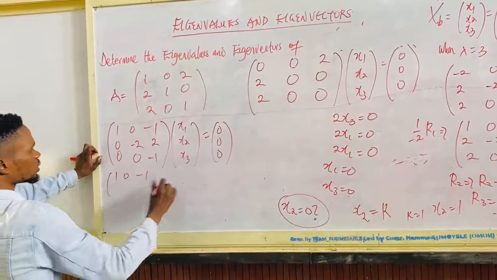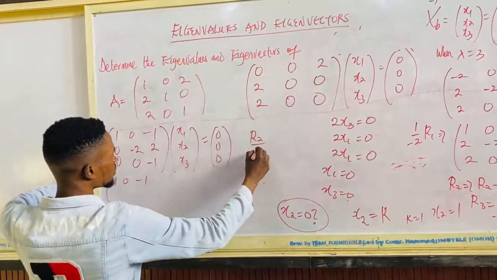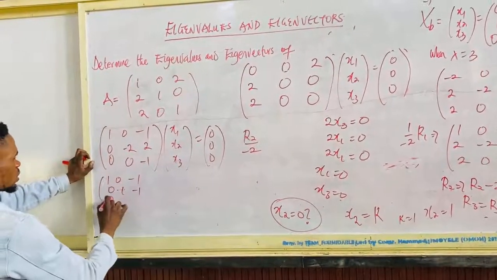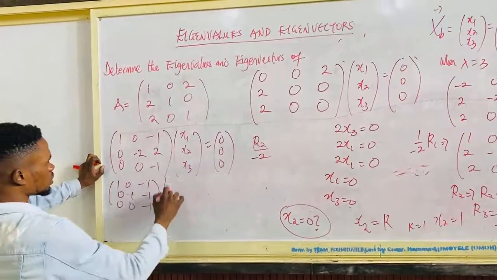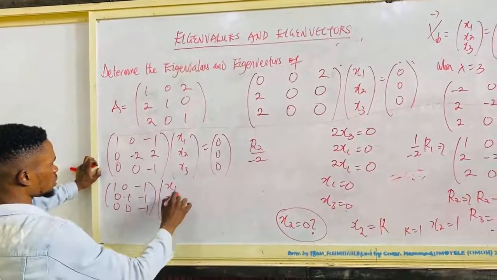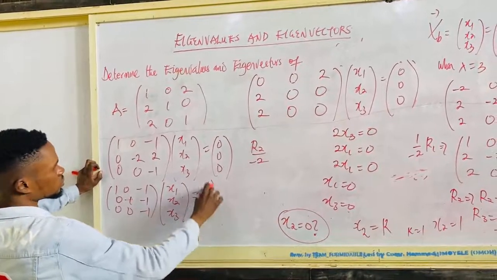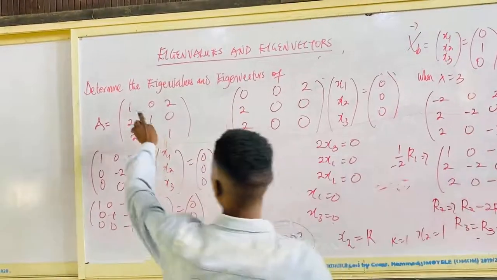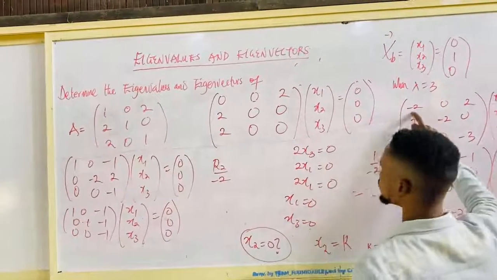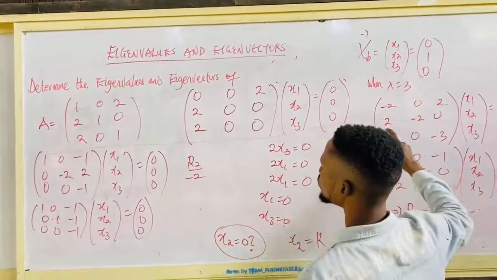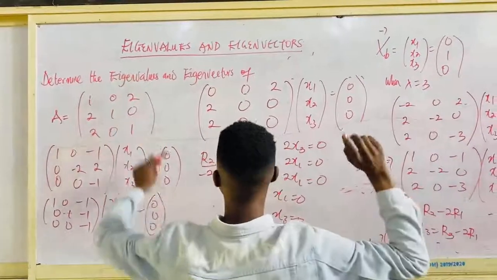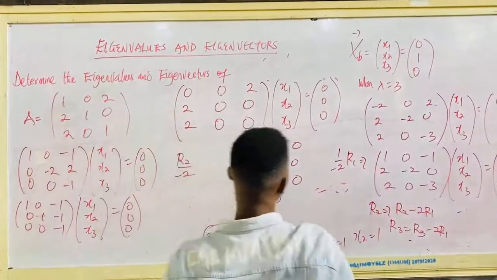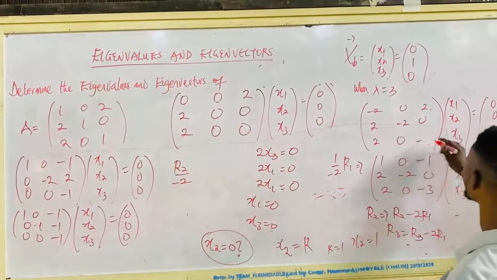That's 1, 0, minus 1, and R2 over minus 2 gives 0, 1, minus 1, and 0, 0, minus 1. So here we do not get 0 at the end. Let's check our matrix again. That's 1 minus lambda: 1 minus 3 is minus 2, 0, 2, 0. 1 minus lambda, that's minus 2.